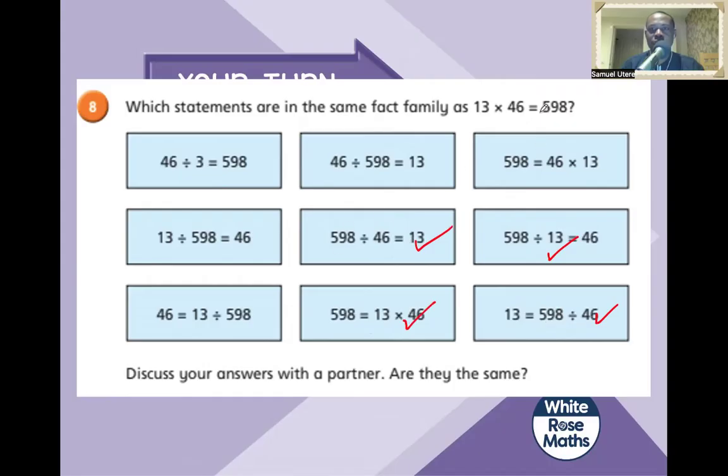That one was moved to the left and that one was moved to the right. So 598 is equal to 13 times 46. And then this one, 598 is equal to 46 times 13. All right, so these are the different fact families that we can find here. You can discuss that with your partner if you can find more.